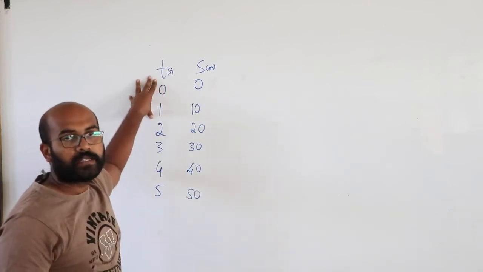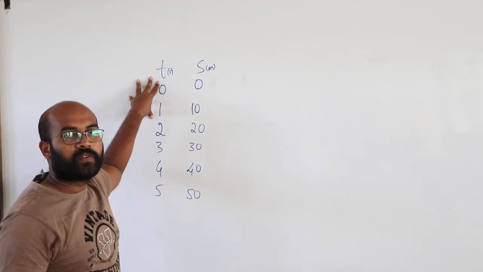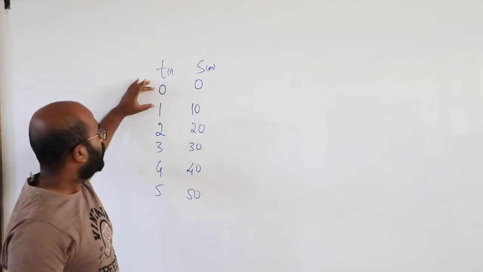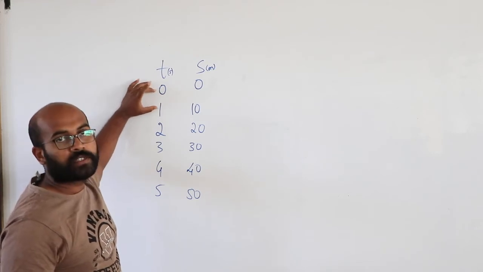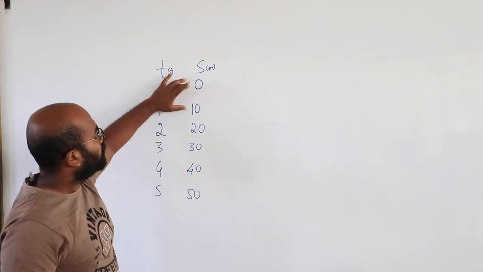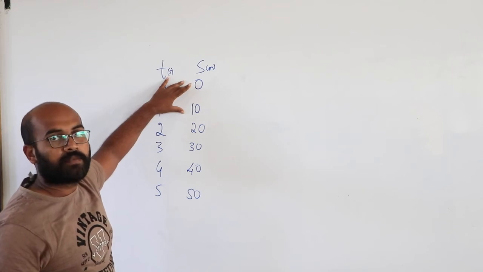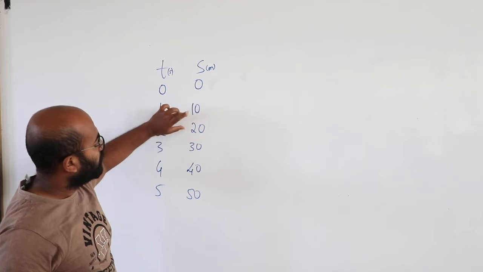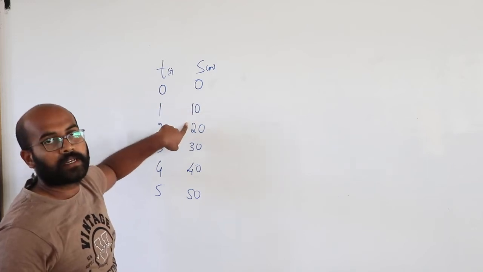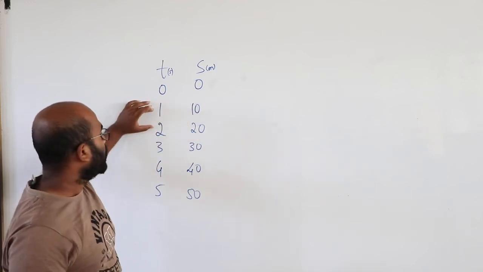Here we can see that the object is moving uniformly, because the time difference is 1 second, and the distance that it has covered is 10 meters. From 10 to 20 it has covered 10 meters in 1 second.